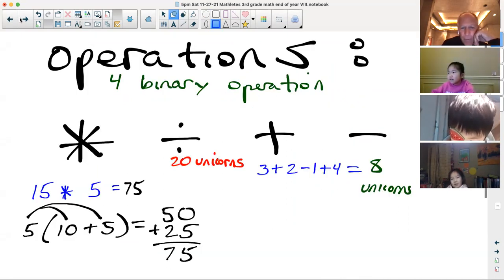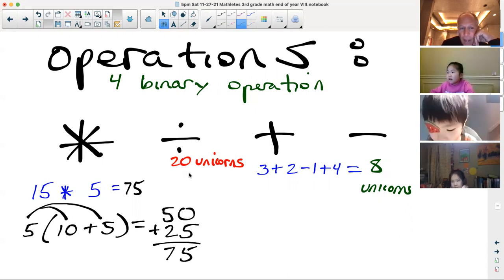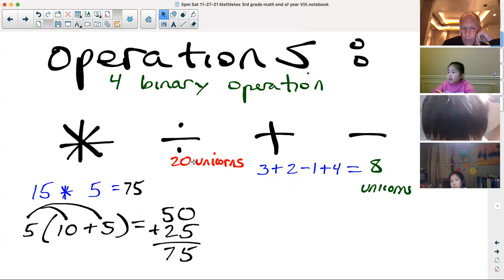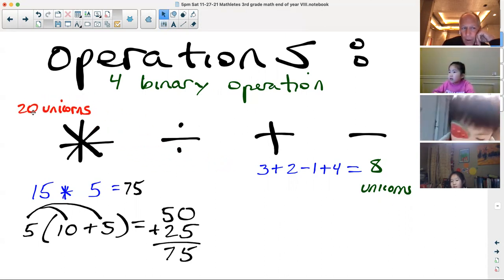So I've got to figure out how many square feet I need for 20 unicorns. So I'm going to have to say, all right, we're going to do what? How many feet does a unicorn have? 4. So are we going to use multiplication or division? Multiplication. That's right.